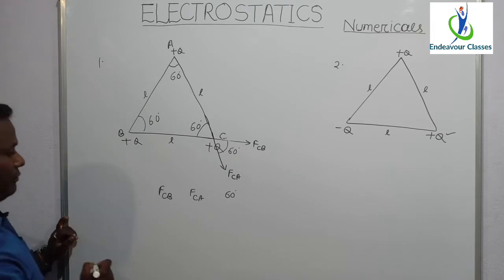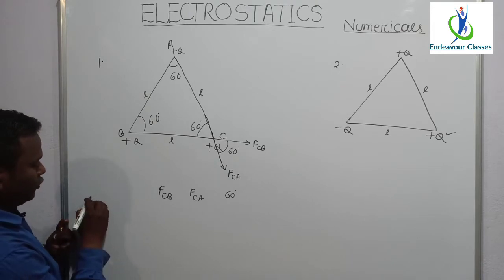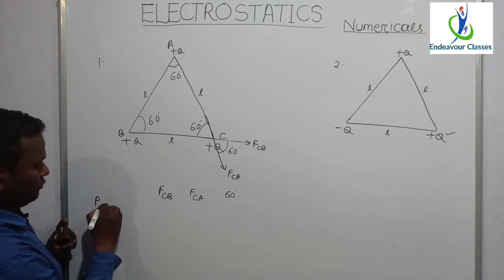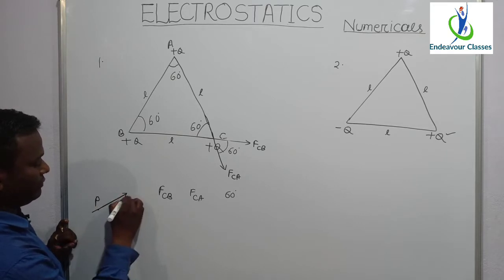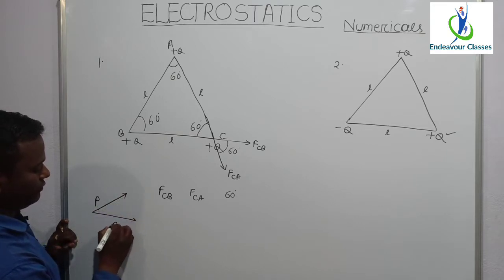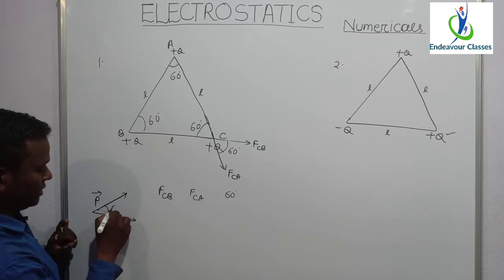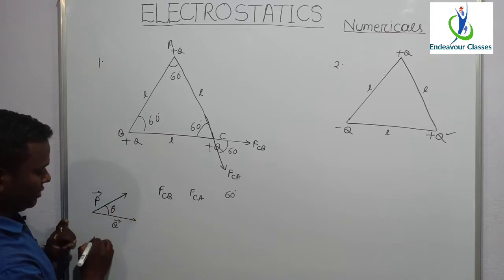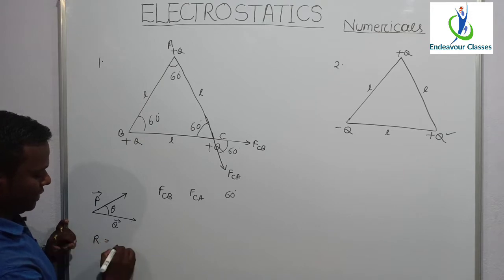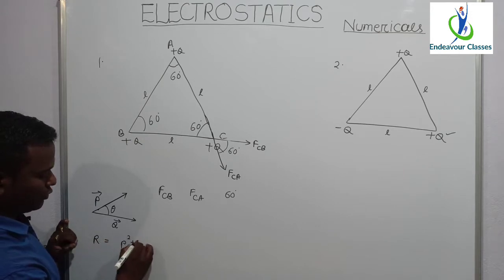As we know, if two vectors P and Q, suppose this is vector P and this is vector Q, are inclined at an angle of theta, then the resultant of both of them is given by R equal to the square root of P square plus Q square plus 2PQ cos theta.